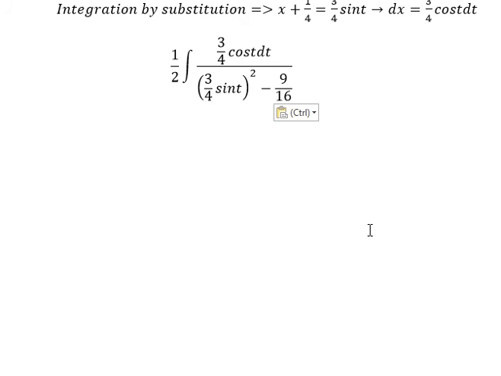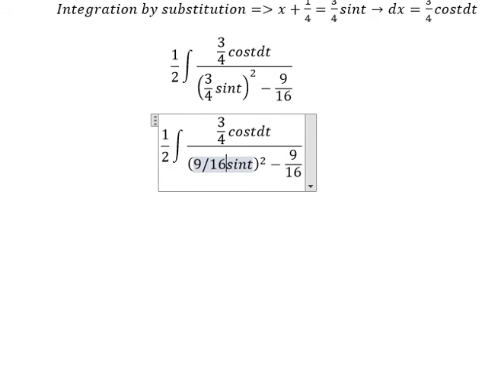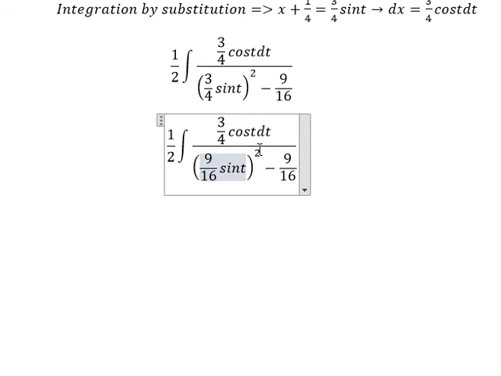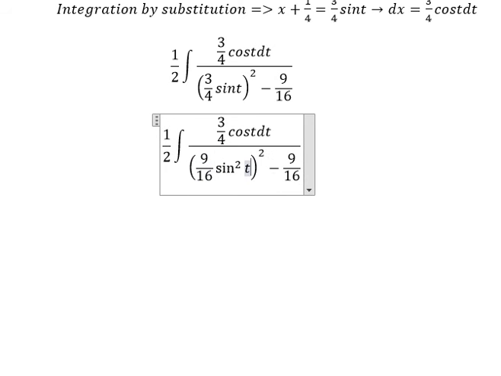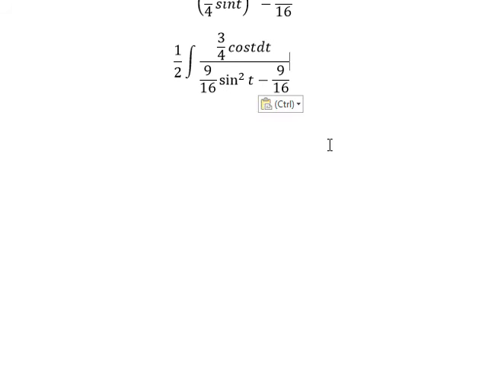Now we need to simplify. 3 over 4 has the power 2, so you get 9 over 16, and sine t with the number 2, you get sine t squared. We put 9 over 16 outside, 3 over 4 outside, and it should be like this.